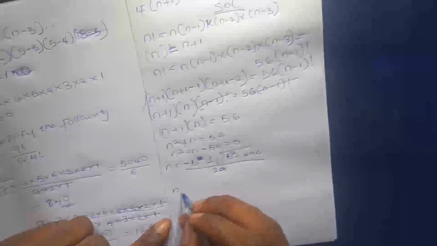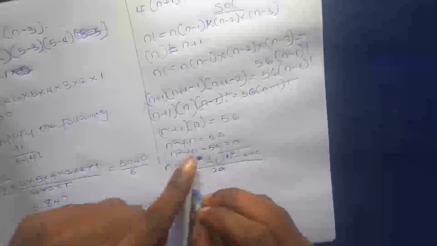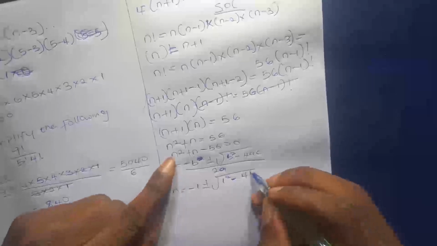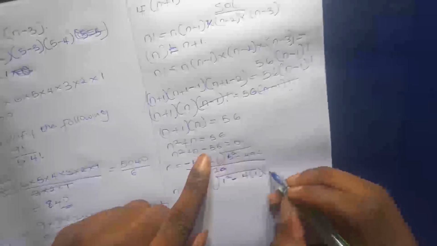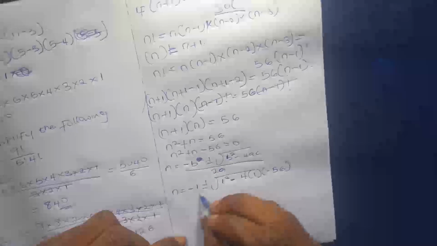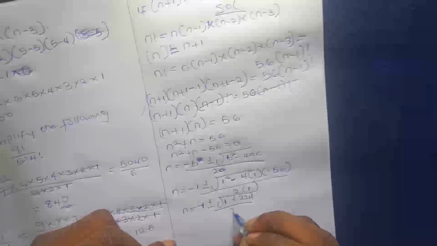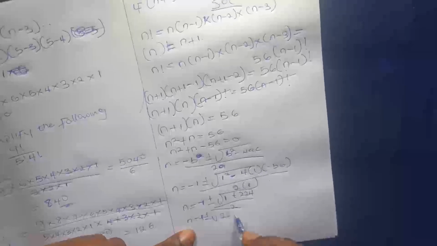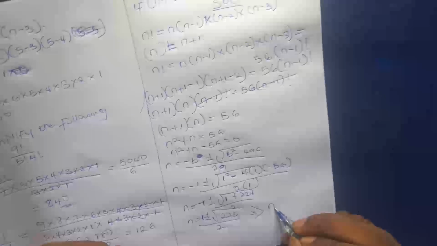So our b equals 1, so minus 1 plus or minus the square root of 1 squared minus 4, our a is also 1, and our c is minus 56. Now solving that, we are going to have 1 plus 224 all over 2, so n equals minus 1 plus or minus the square root of 225 over 2.